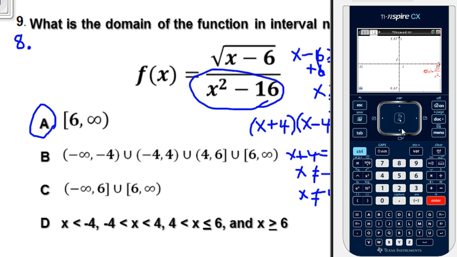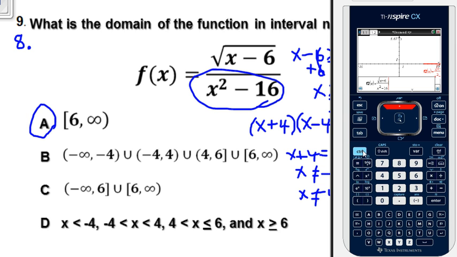I don't see that. Let me go to tab again. x squared minus 16, and what I see over here is right on the x-axis from 6 going to the right with that red line segment.